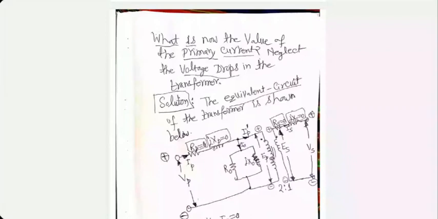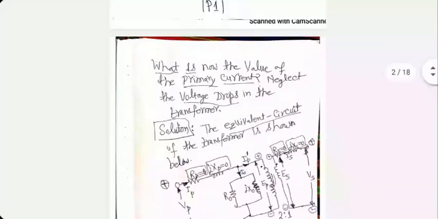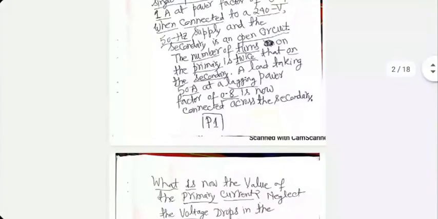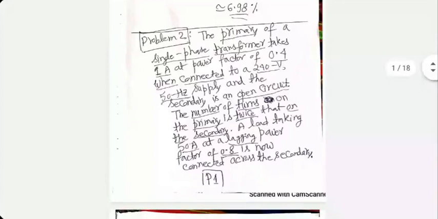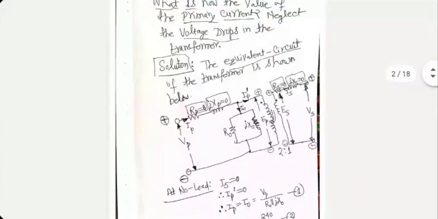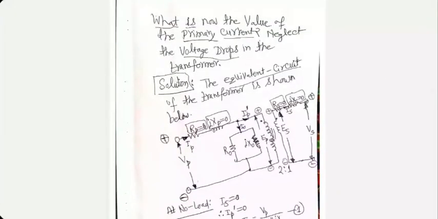Okay. The turns ratio is 2. Number of turns on the primary is twice that on the secondary. So EP would be 2 times ES, right?